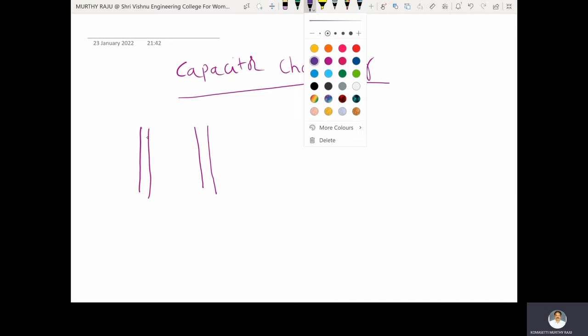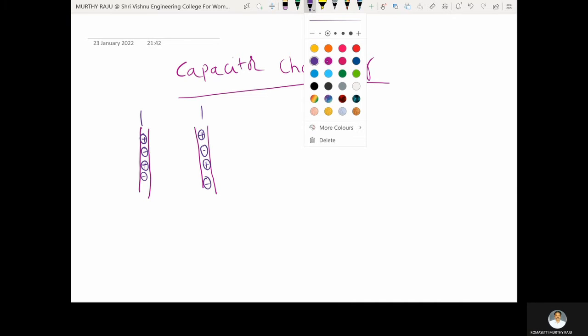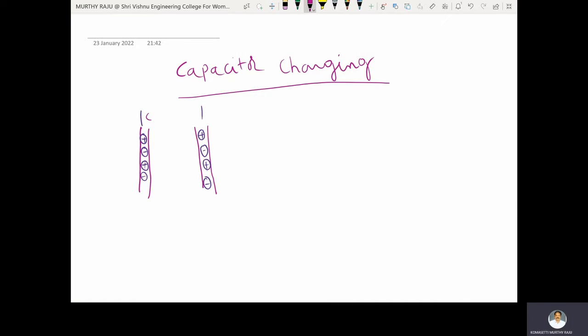The charge distribution of these like metal parallel plates is like this: plus, minus, plus, minus, separated by a distance small d.